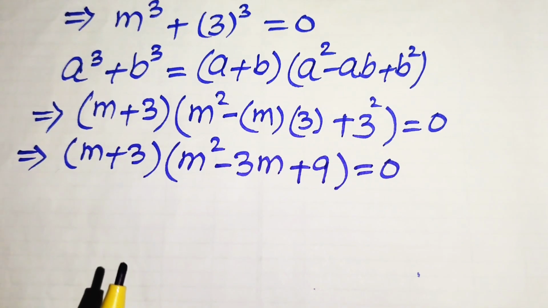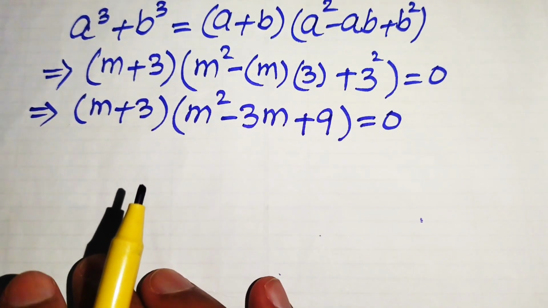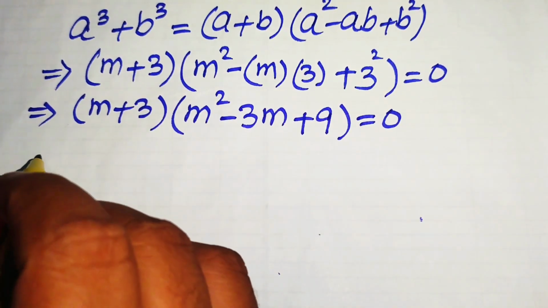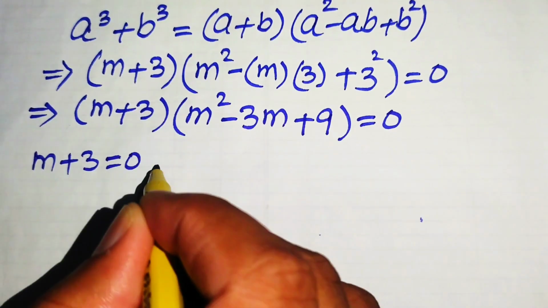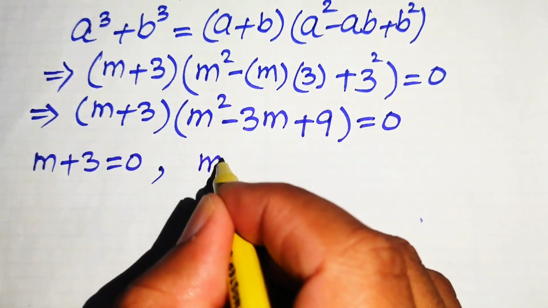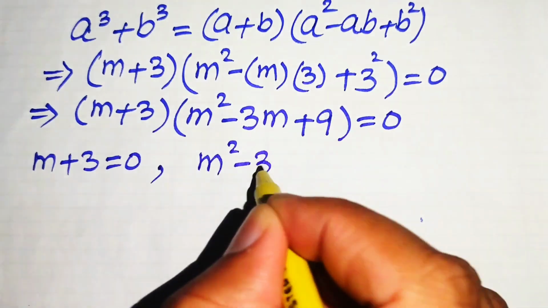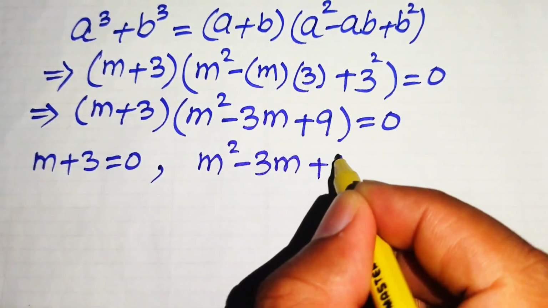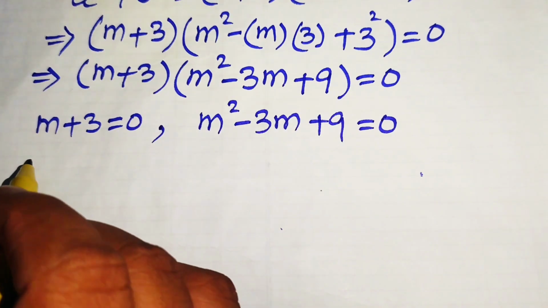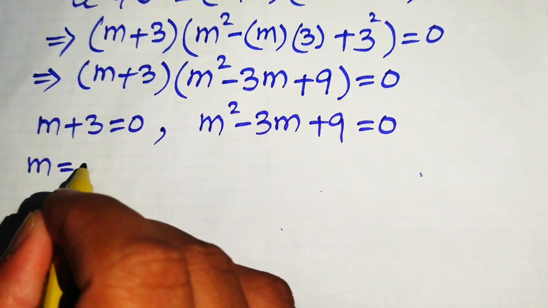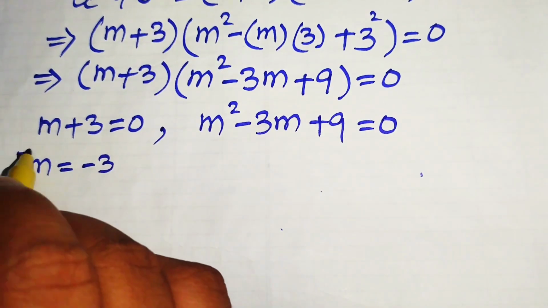In the next step we convert this equation into two cases. Our first case is m plus 3 equals 0, and the second case is m square minus 3m plus 9 equals 0. So in the first case we easily get the value of m equals minus 3.